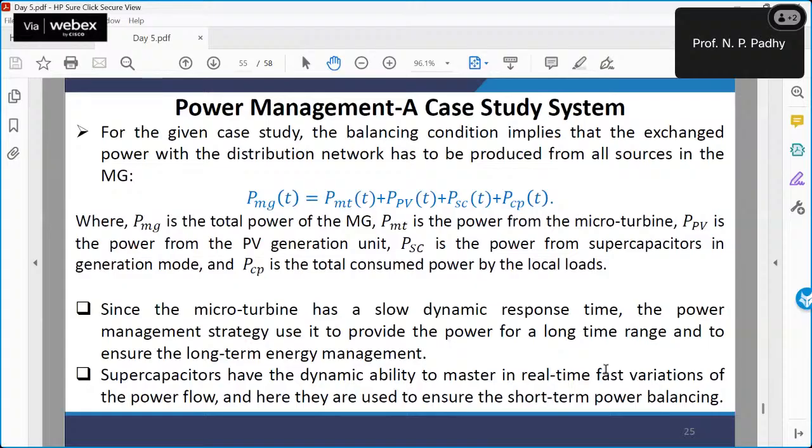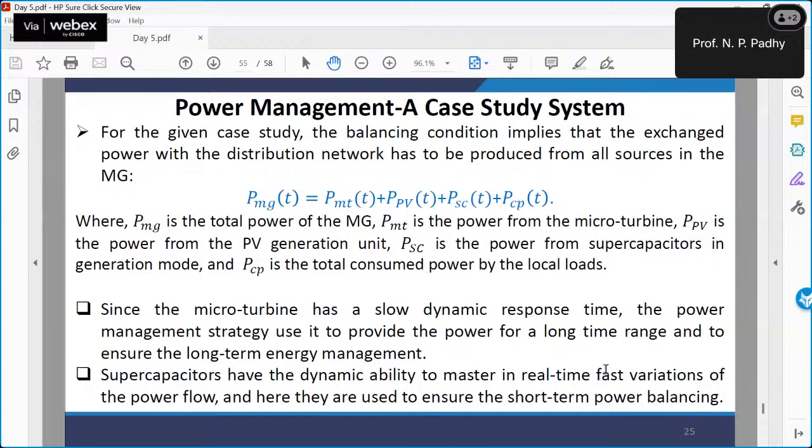So I have to generate something which will be equal to load plus the other local sources. Am I right? So total power of the microgrid is the power generation. Normally when you define a system, system power we define based on the rating of each device.